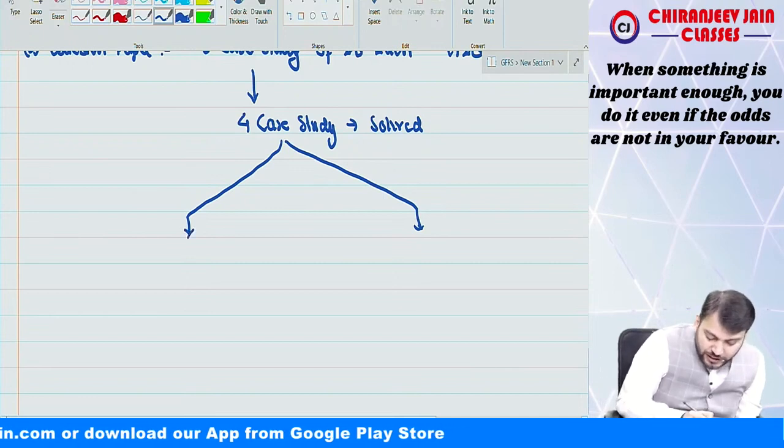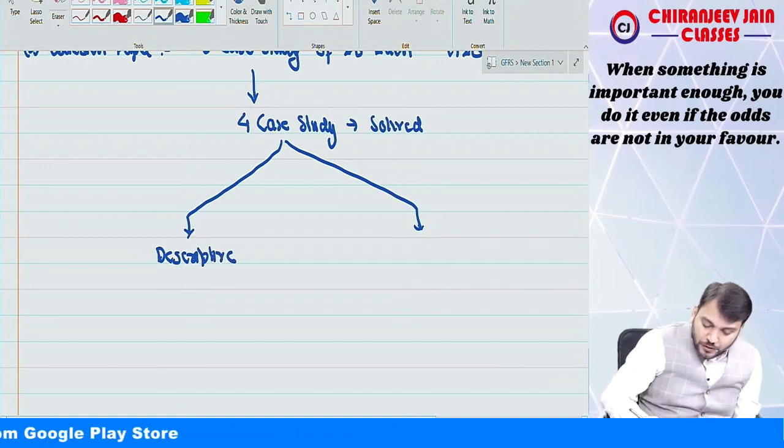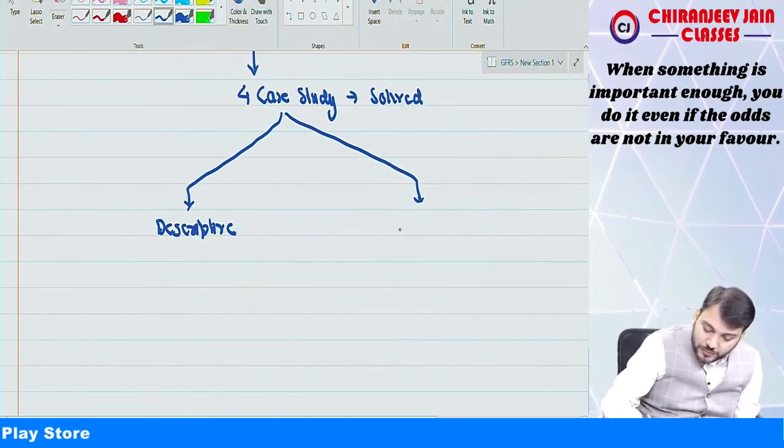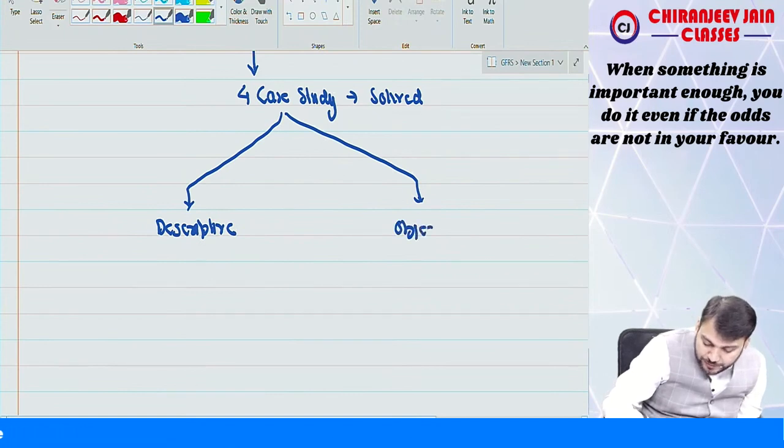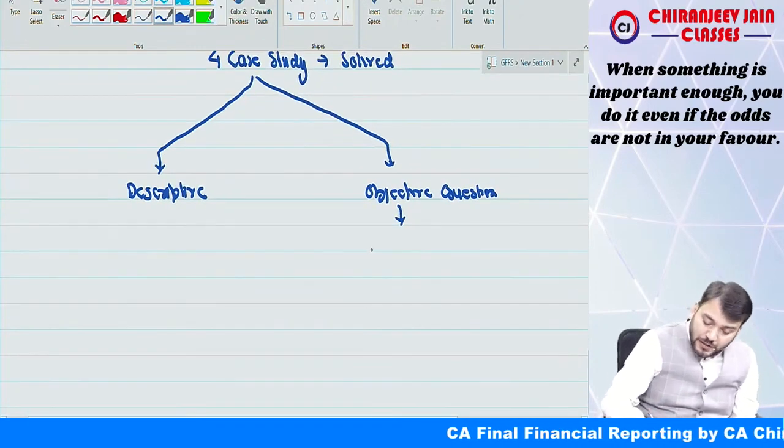Now in these four case studies, this will be divided into two parts. They will ask descriptive questions and objective questions.